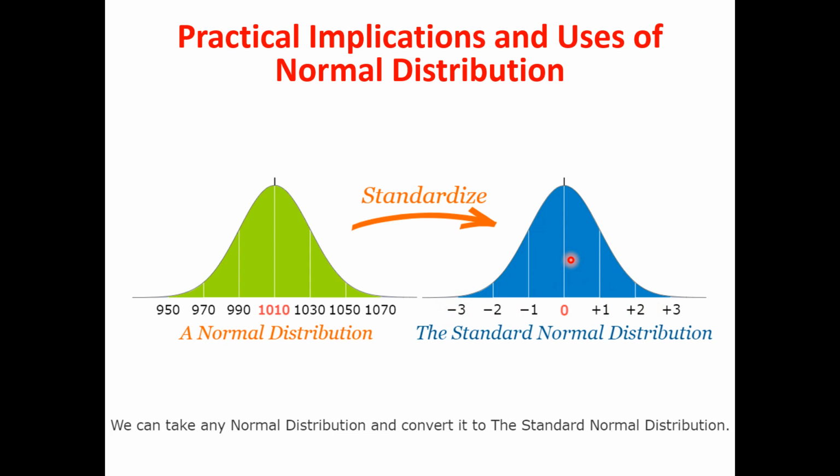This makes life very easy because we don't have to compute the area under the curves for our distribution, because if everybody starts calculating, it's going to become a nightmare. So what the statisticians have done is they have calculated the areas for a standardized curve, and they have given it to us in the form of either a t table when we are talking of a t distribution, or a z table, the z distribution.